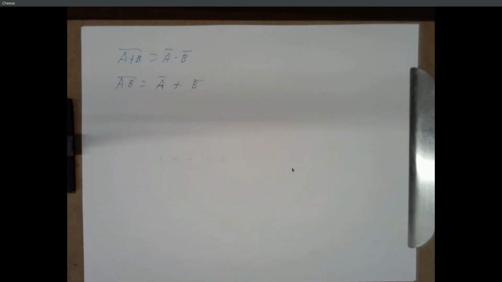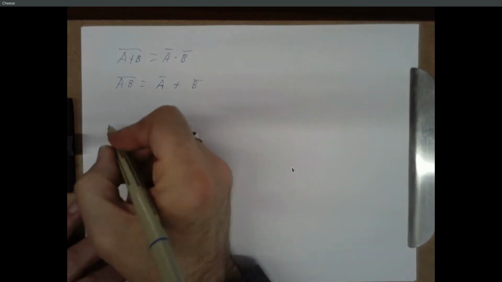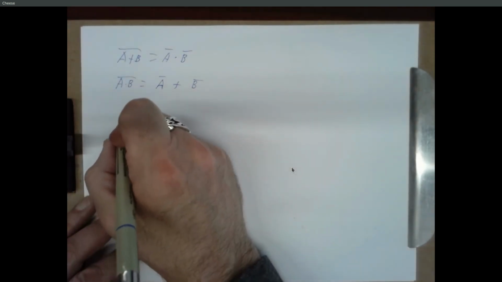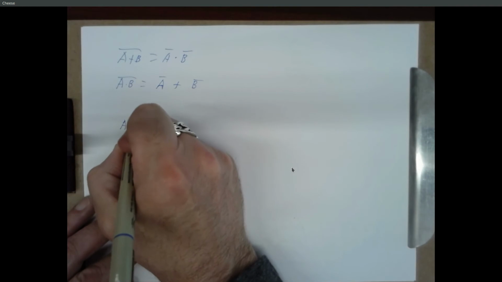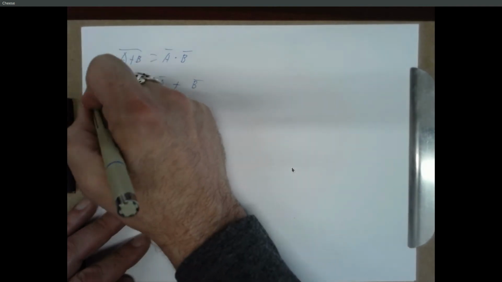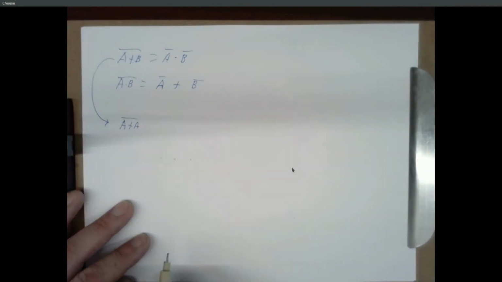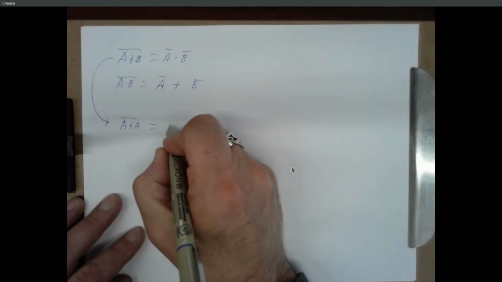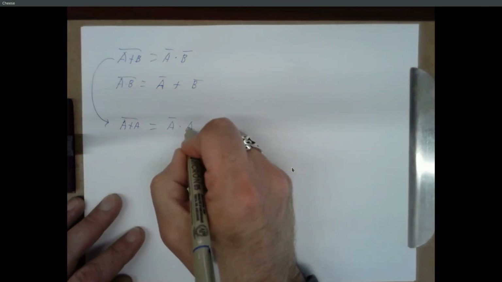And an interesting property of this is the following. If we take A and we OR it with itself and take the complement, that's the same thing as taking A bar and ANDing it with A bar.